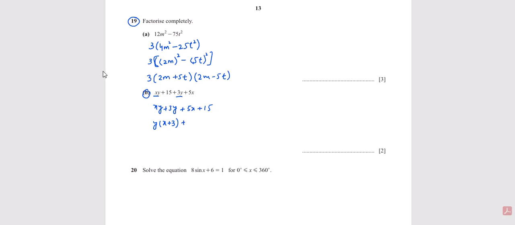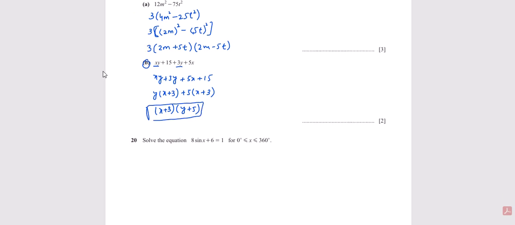Then take 5 common from the last two terms: 5 times (x plus 3), since 5 times 3 is 15. So take (x plus 3) common from these terms: (x plus 3) times (y plus 5). This is our final answer.